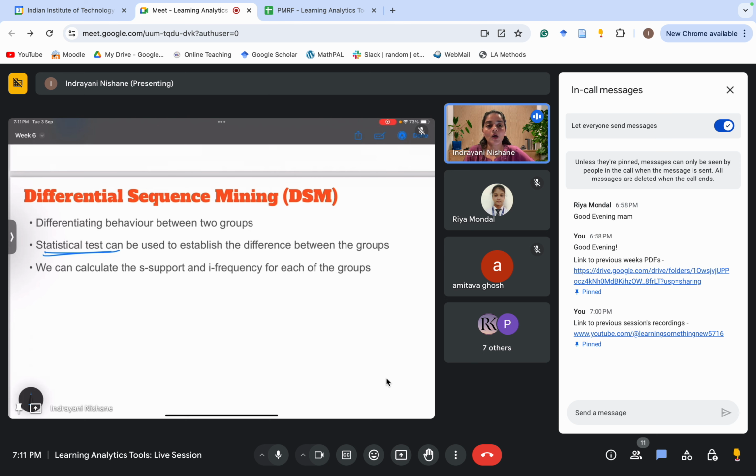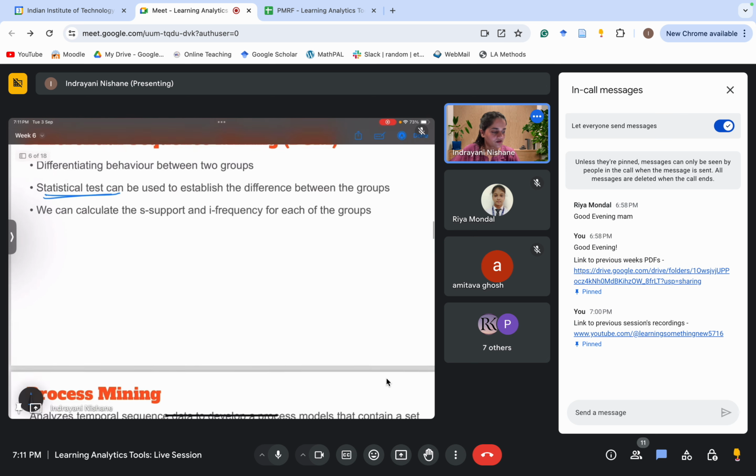The p value will help us claim that these two groups are behaving differently because these patterns are occurring significantly more times in this particular group compared to the other group. And again, we can calculate S support and I frequency for both groups and compare them to understand which pattern is more frequent in which group.